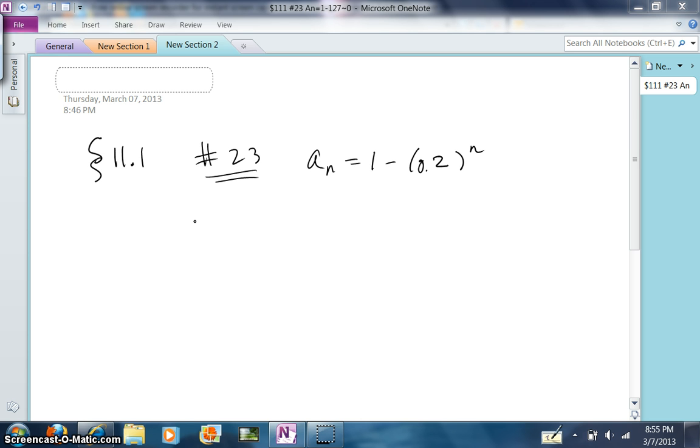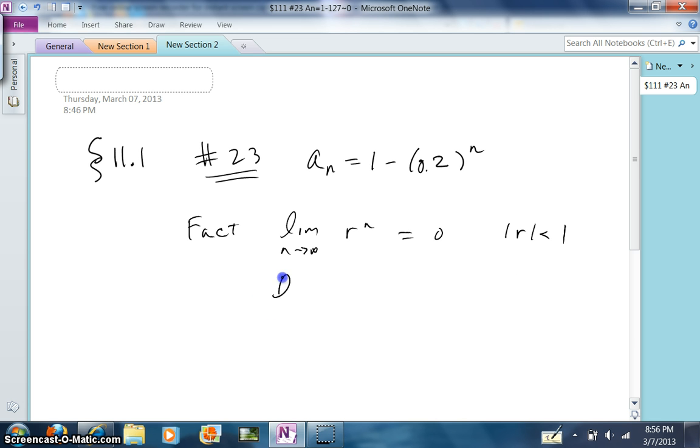So for this one here, the key is to recognize the 0.2 to the n power. They expect you to know this fact, that the limit as n goes to infinity of r to the n equals 0, as long as the absolute value of r is less than 1. r is just a fraction here, and 0.2 counts as a fraction.